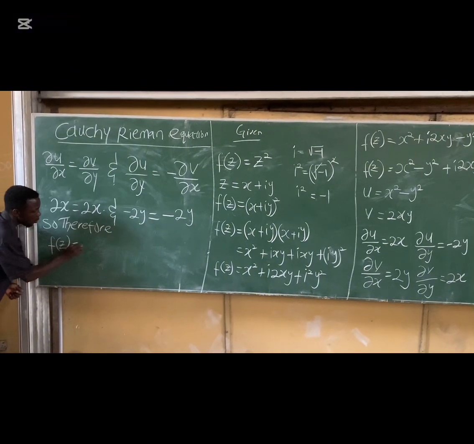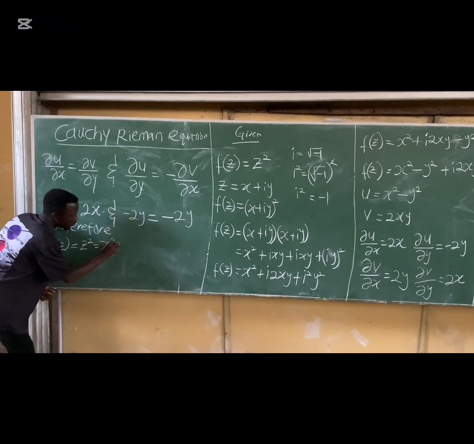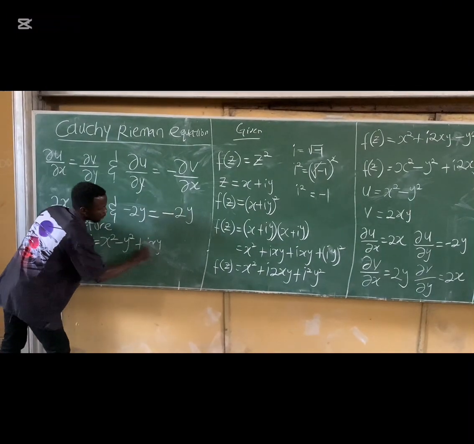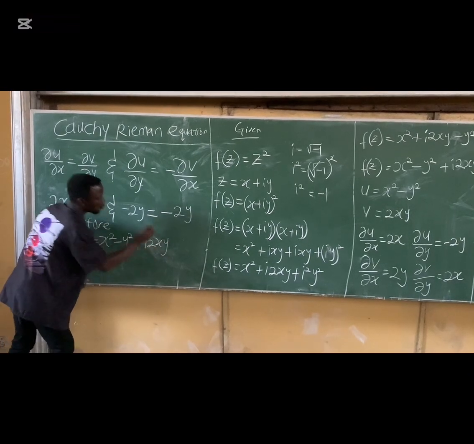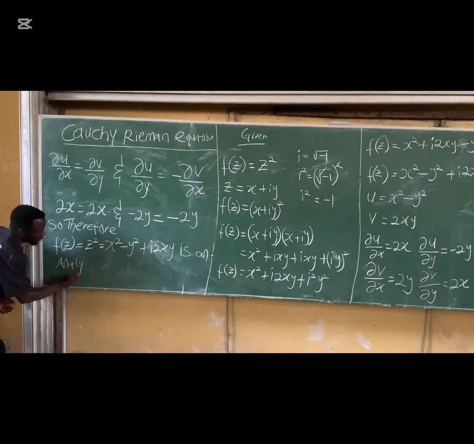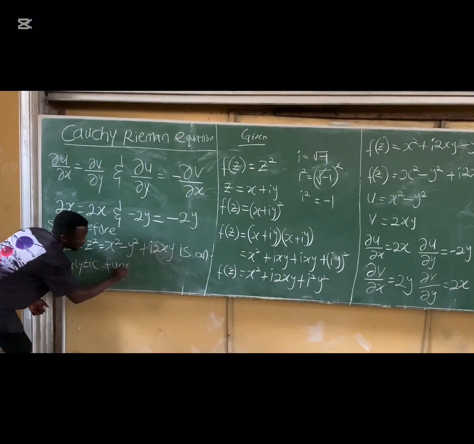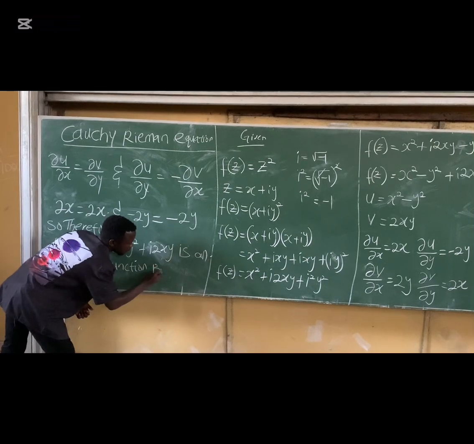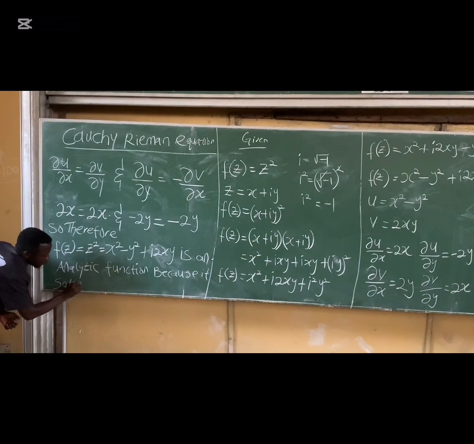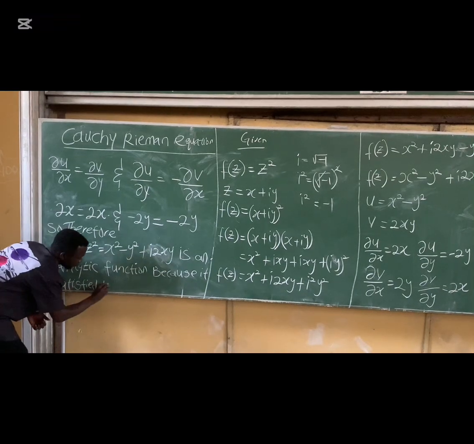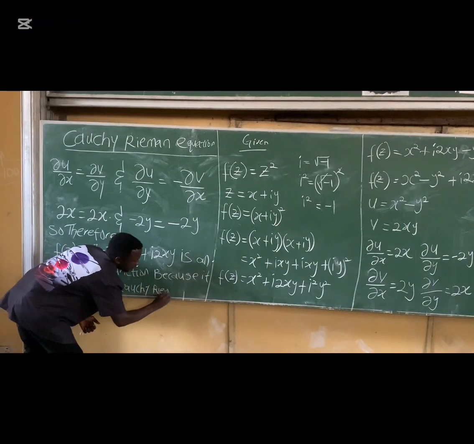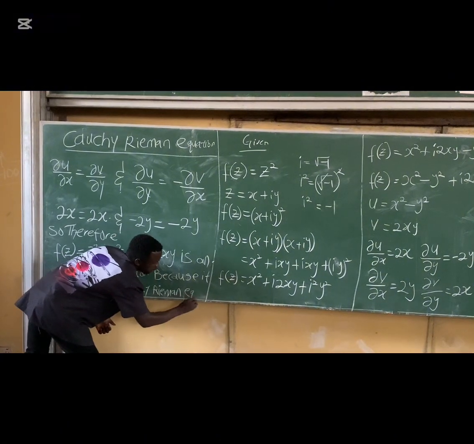So therefore, f of z equal to z squared, equal to x squared minus y squared plus i2xy, is an analytic function because it satisfies the Cauchy-Riemann equation.